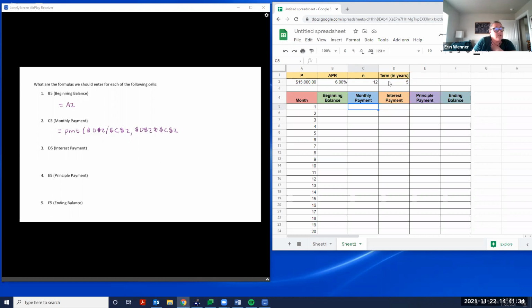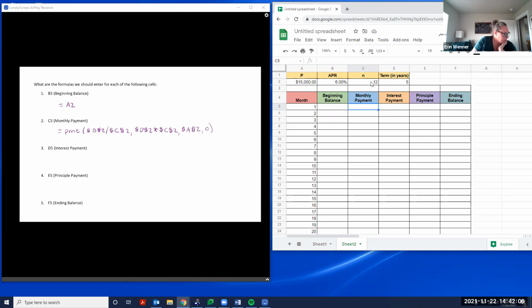Again, D is the number of years times the number of months, which is going to give us our total number of periods. So that $D$2 ends up being 60. But we need to fix those cell locations so that when we use this formula and fill it out, it doesn't suddenly change the amounts. And then we'll do comma, $A$2, which is our initial amount, and then 0 like we did before, because we're saying calculate this until you hit 0.